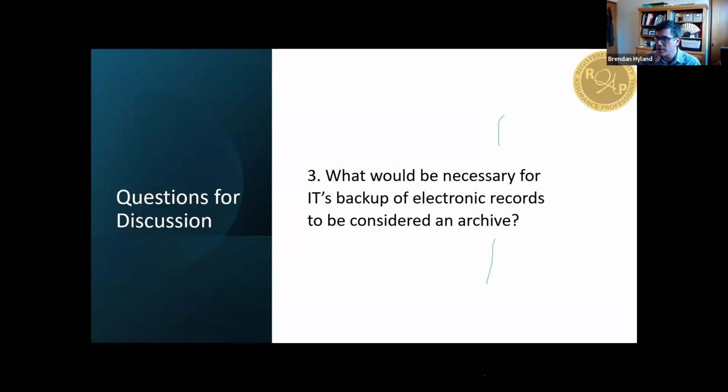We want archivist responsibility. We want retention times to be met, right? Quite often, a backup gets overwritten after a certain amount of time, right? So it may not meet the archives that way. We want to make sure that it's minimizing deterioration and that you can find and retrieve records in a timely manner.